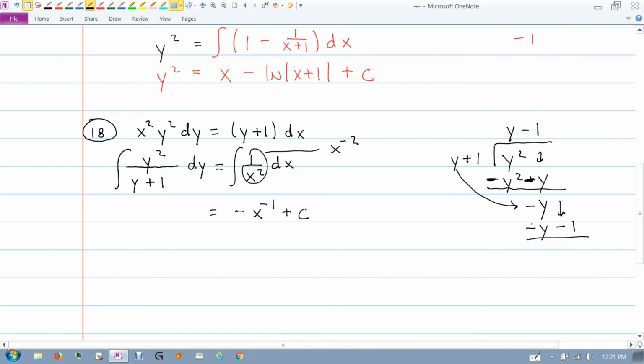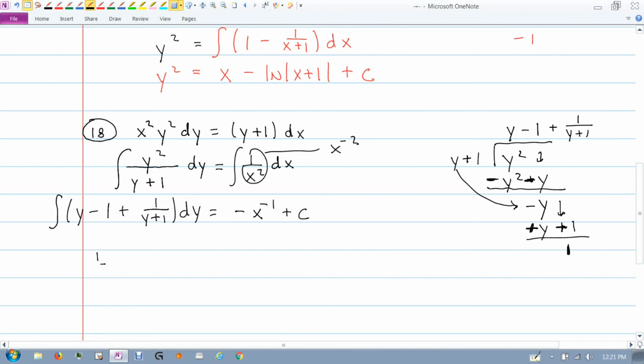Add down, change the signs. So I get a 1 there as a remainder, so I put plus my remainder 1 over y plus 1. So on this left-hand side, we're integrating y minus 1 plus 1 over y plus 1 dy.